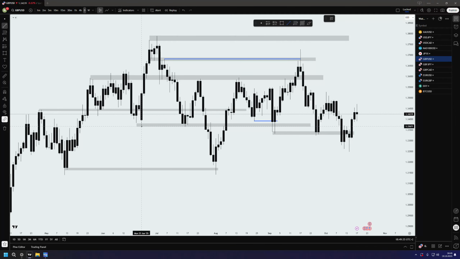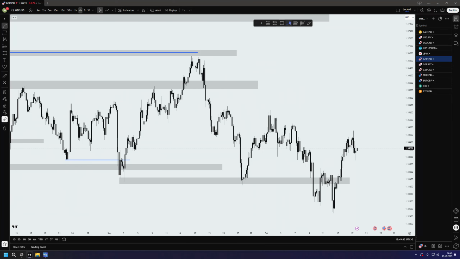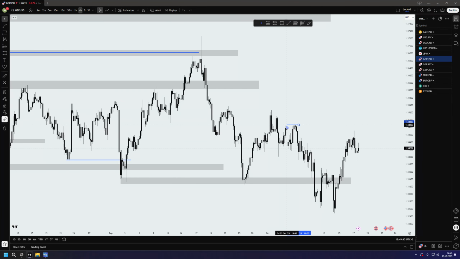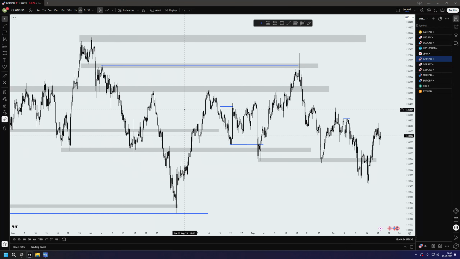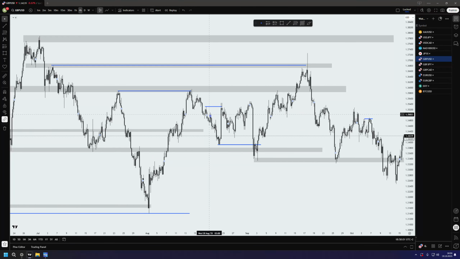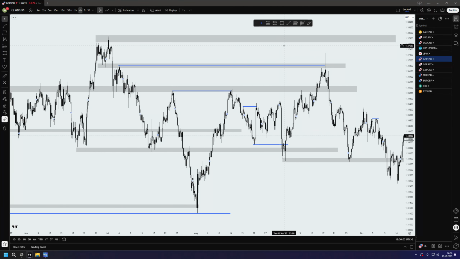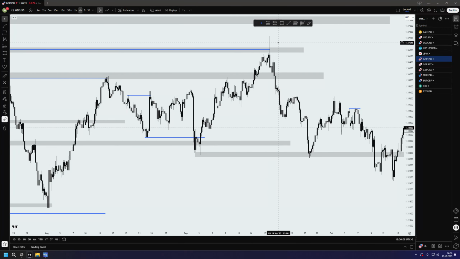And this is on the daily, so let's go to the four hour. I don't want to mark all the sweeps, obviously, because it would be a waste of time, especially since I've already made a video about sweeps. But on higher time frame, it's very easy to spot these sweeps to know where the orders are coming from.